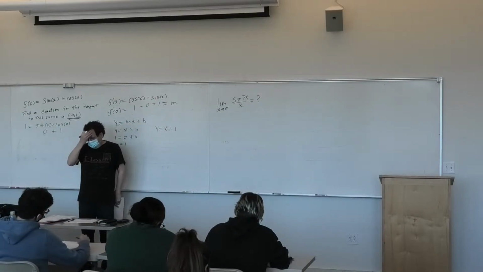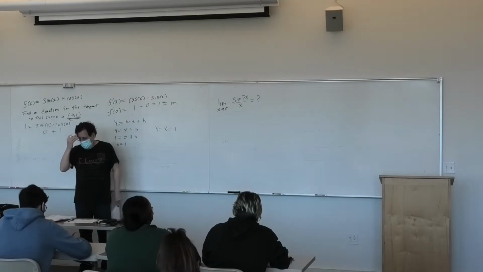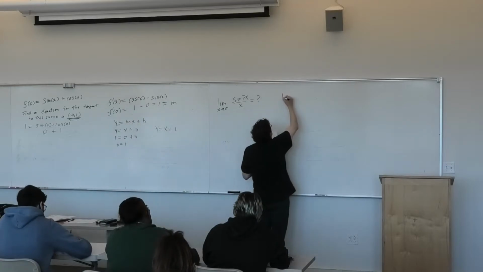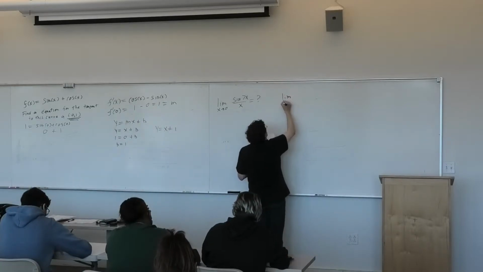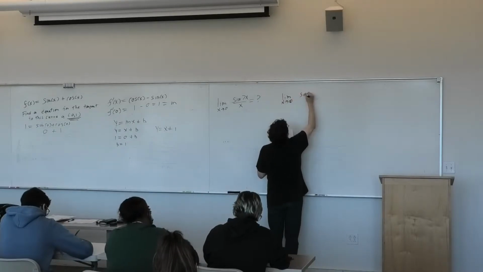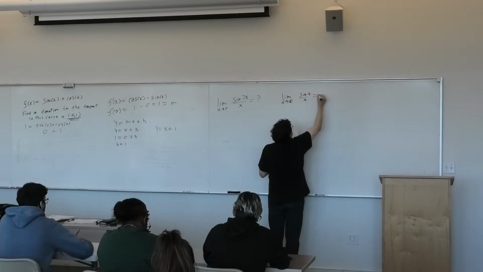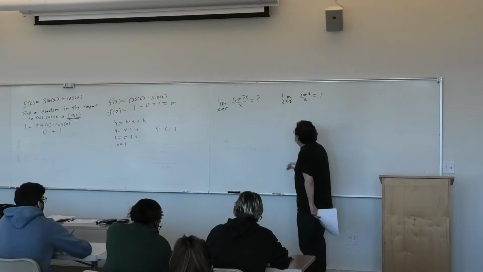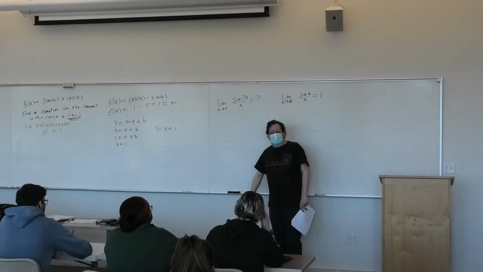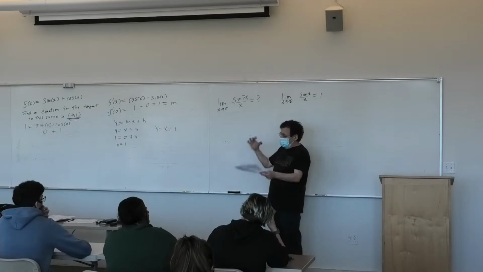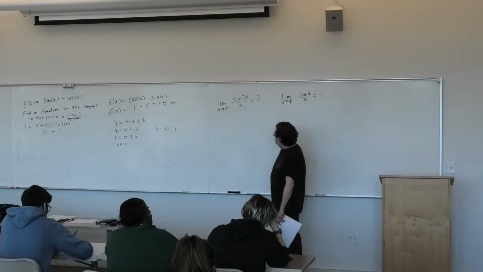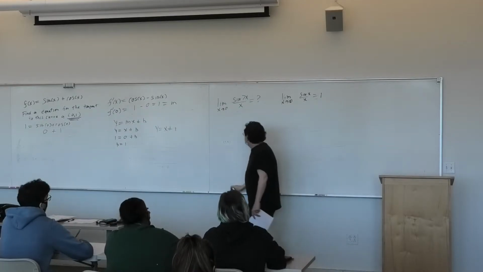So all we know at this point from our last class is that the limit as x approaches 0 of sine of x over x equals 1. So I guess we could guess 1, but that would be a bad guess. We could graph it and see it's not 1. But we want some way to do this.